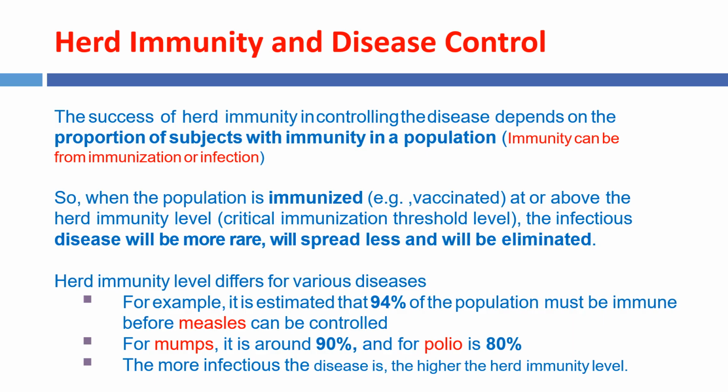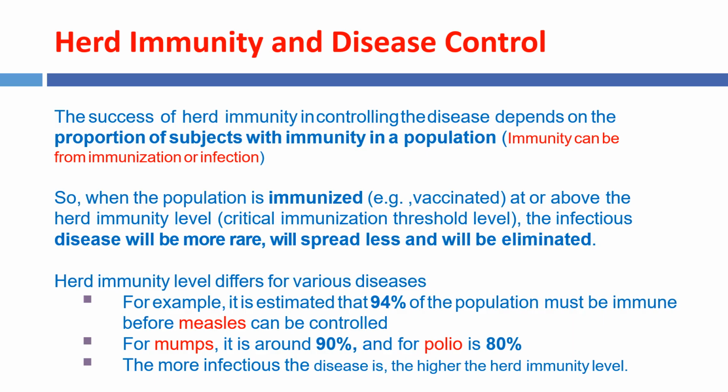What happens is that the infectious disease will become more rare and it will spread less and will be gradually eliminated from that population. Herd immunity level differs for various diseases according to how infectious the microorganism is.